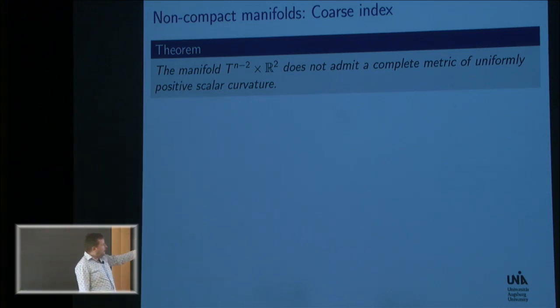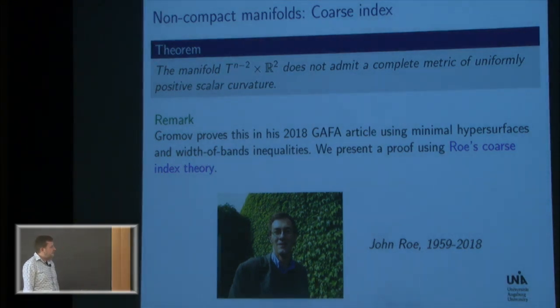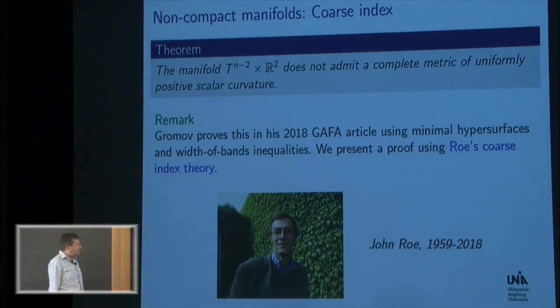Under this assumption, they can prove this statement. And actually, as it appears, this statement is revisited in the recent GAFA article by Misha in 2018. And he discusses this on the first pages, actually.